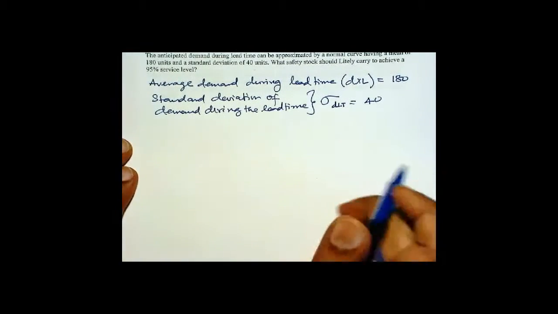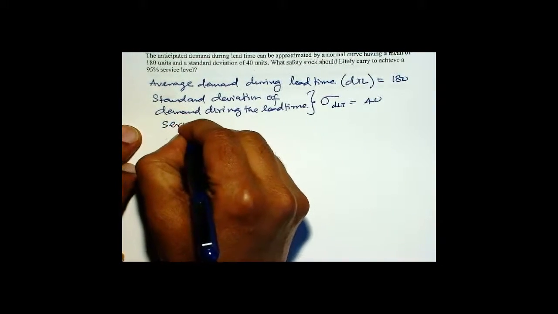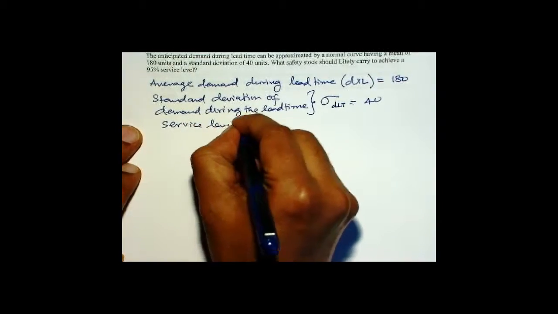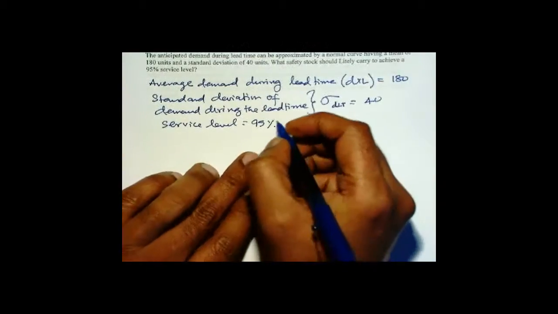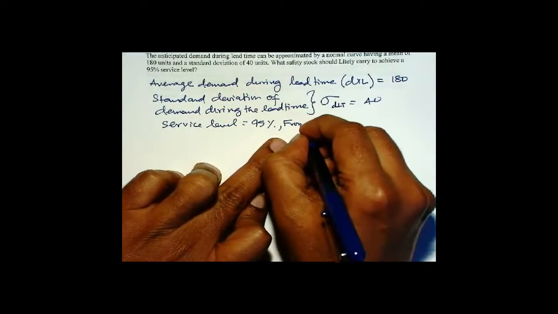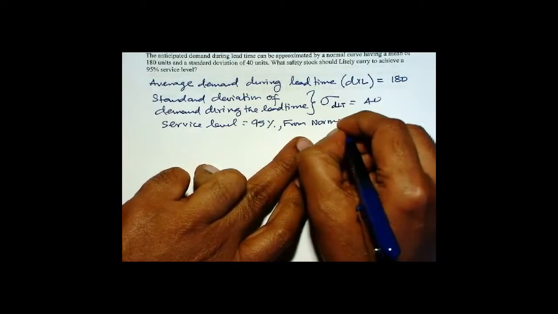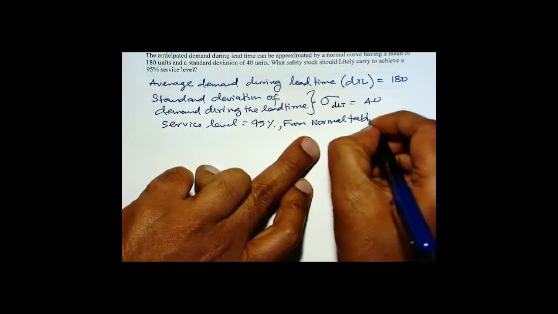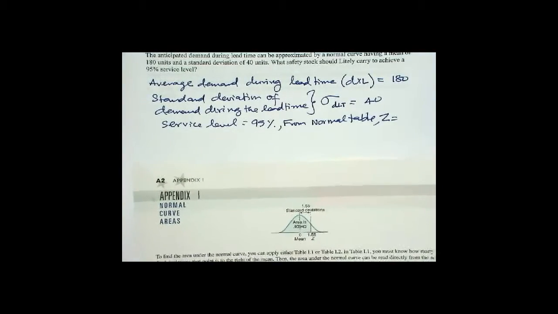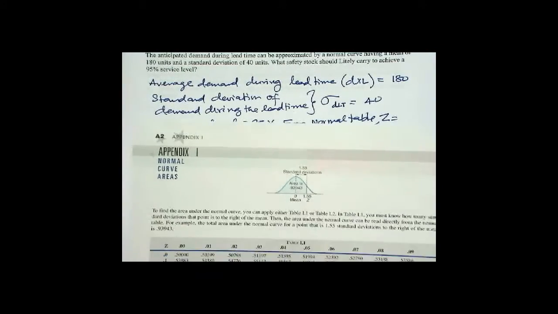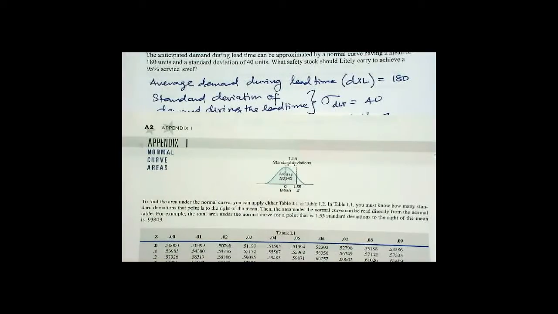Now the service level is 95%. So now we have to use the normal table. So from the normal table, Z is equal to, so now we have to go to the normal table in the appendix, and then we need to look for the Z value from the edges for 95%.